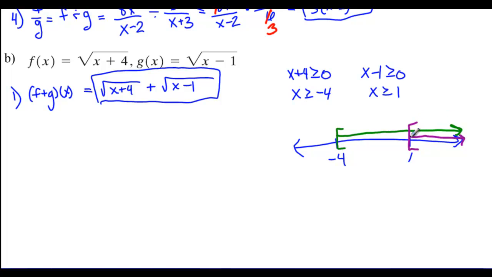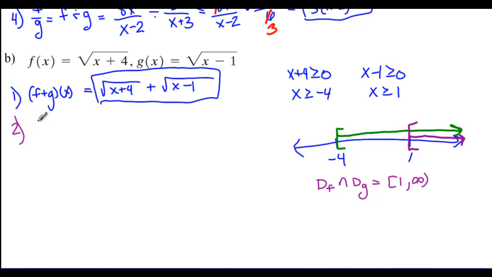So the area that they're overlapping, that they share, is from this 1 on up. So the domain of f intersected with the domain of g is going to be 1 up to infinity, with a bracket with the 1.